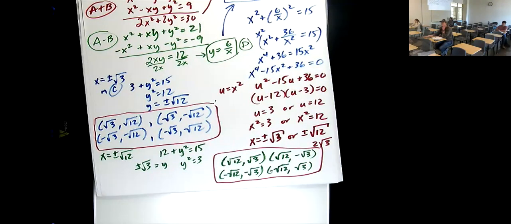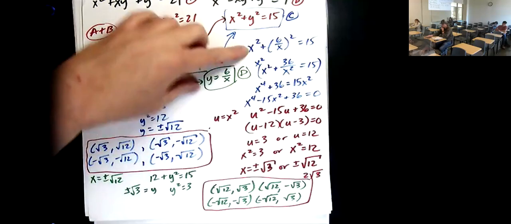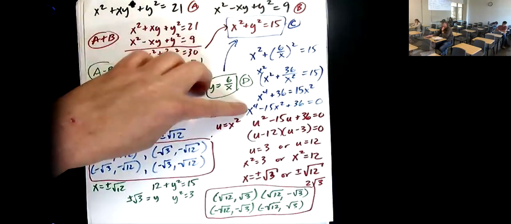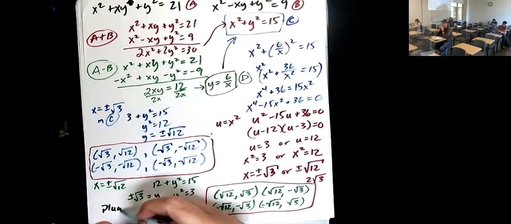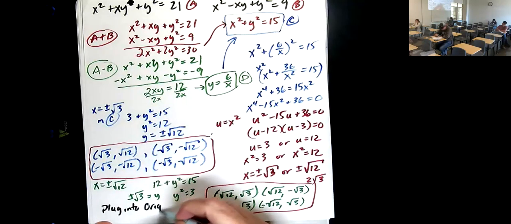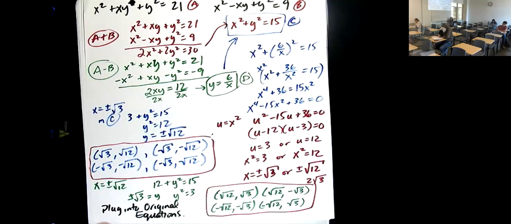I'm pretty sure this has got some bad error in here, because we had an x to the 4th in here. We multiplied through by an x squared to change things up. So you gotta go through and literally plug them into the original equations. Four of them work.